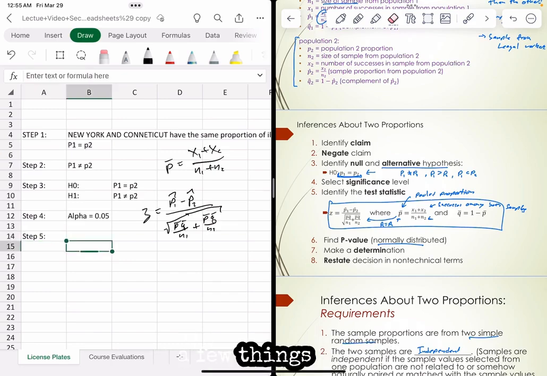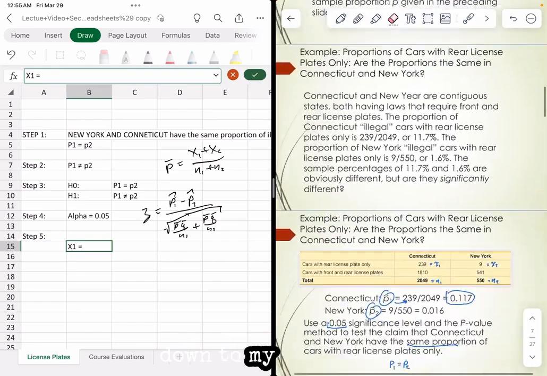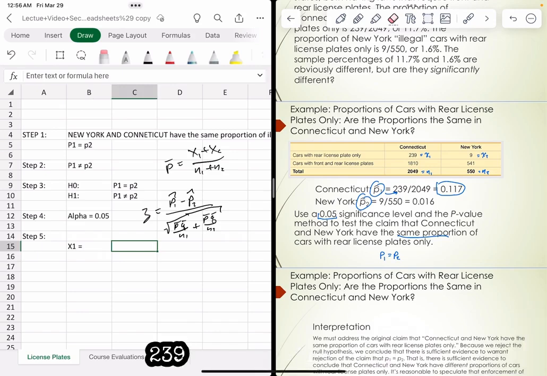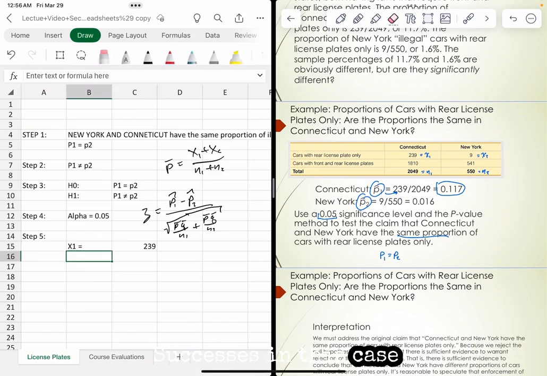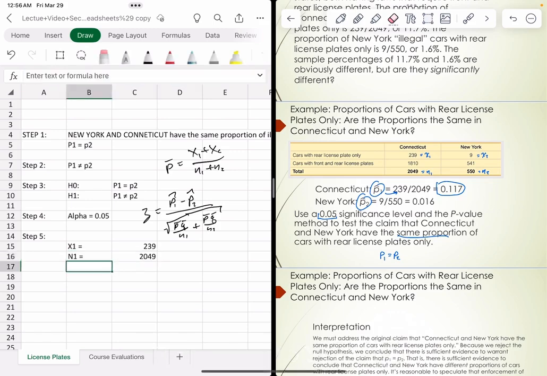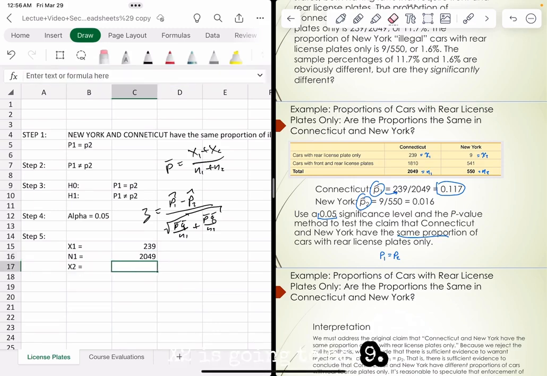I'm going to need a few things here. I'm going to need X1. I'm going to go back down to my data here. Now, X1 is going to be 239, because that is the number of successes. Successes in this case are the cars with only rear license plates. N1 is going to be 2,049. X2 is going to be 9.